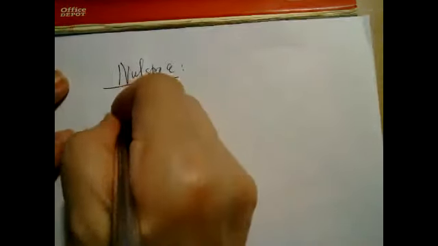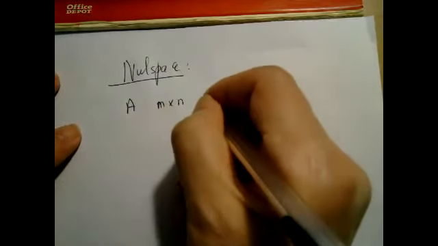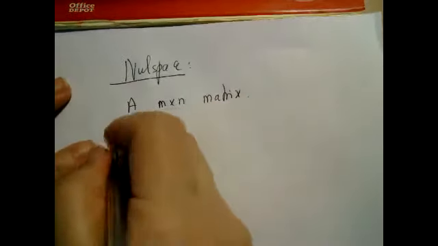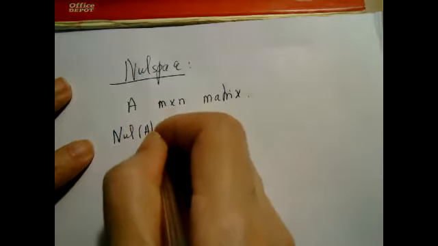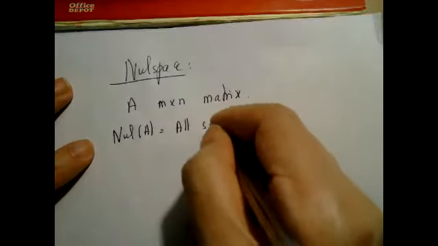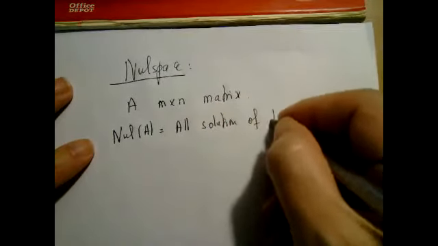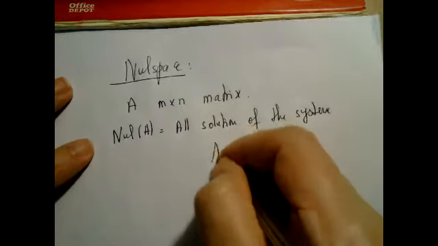So we have A, an n by n matrix. And the null of A is all the solutions, all solutions of the system AX equal to 0.